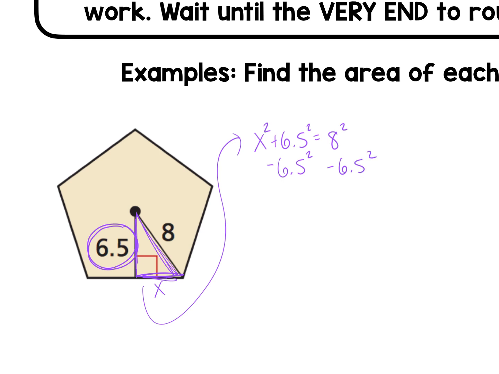In the calculator, I'm typing 8 squared, which is 64, minus 6.5 squared, because I'm trying to solve this, and I'm getting x squared equals 21.75. Then I want to square root that. The square root of that is 4.6637 approximately, if you round it. That's the x value.